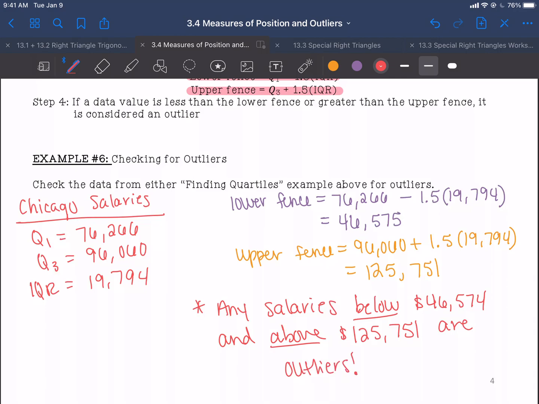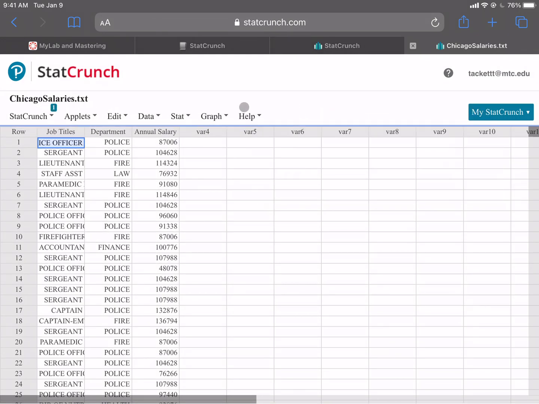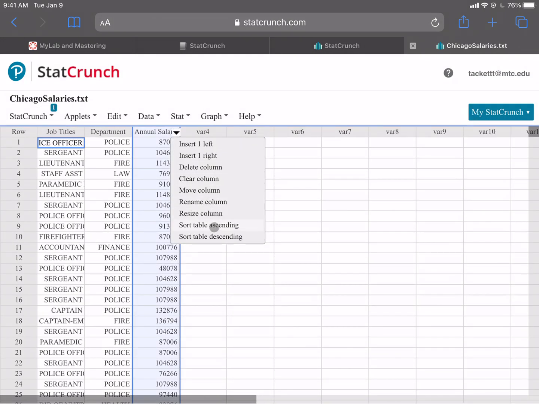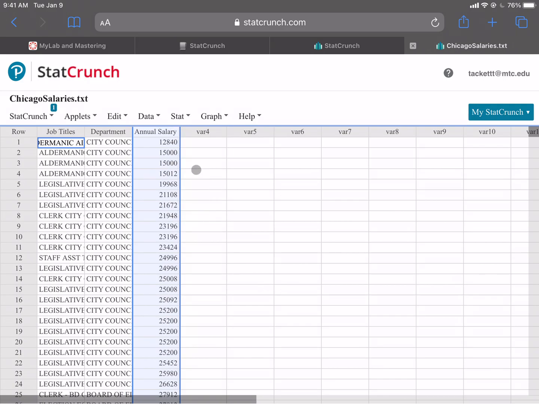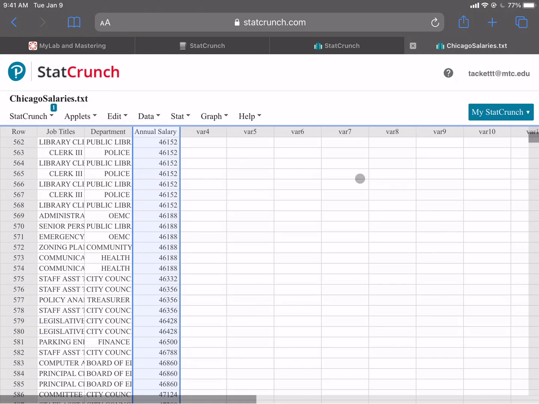All right, so let's look at our data set to see if we have outliers. What I'm going to do is organize this in ascending order, and look for any number smaller than 46,575. If I look at this data set, there are tons of salaries below 46,575.